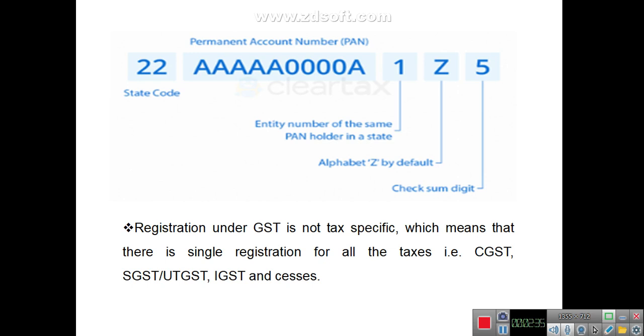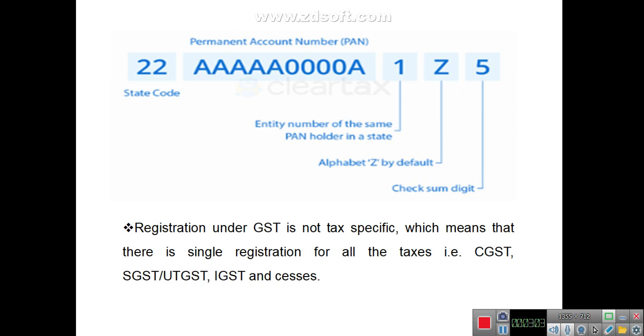The first 2 digits represent the state code. The next 10 digits represent the permanent account number. The 13th digit is the entity number of the same PAN holder in a state. If any business entity has more than one registration within the state, then that number will be the 13th digit.